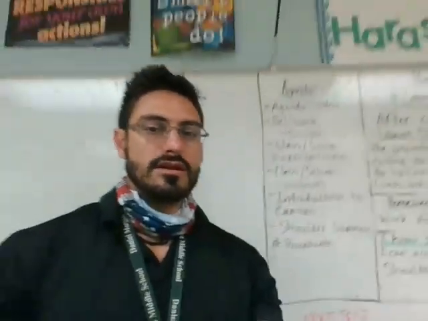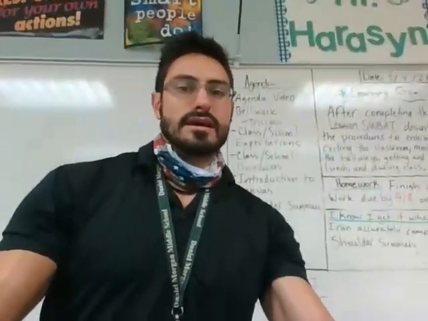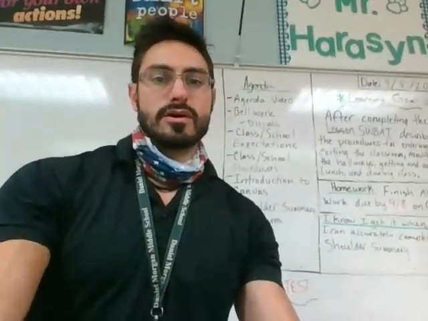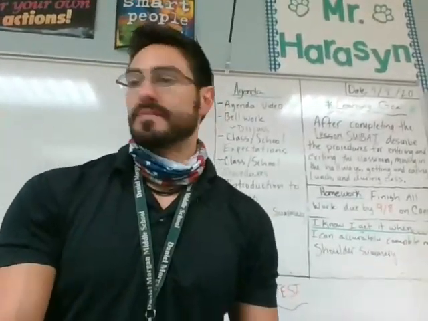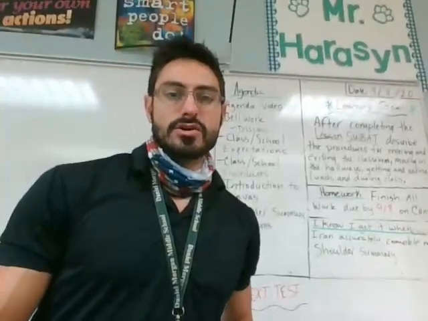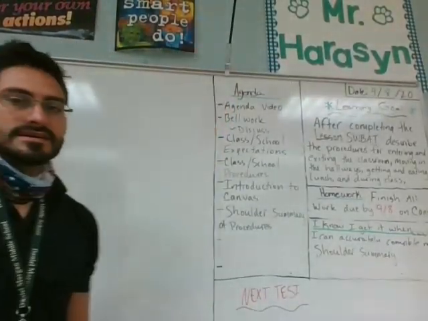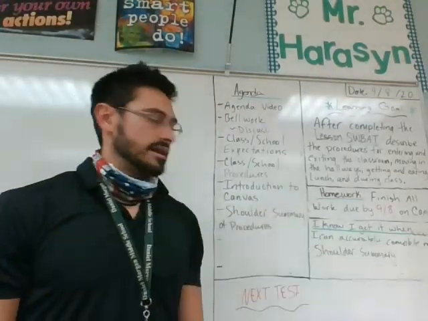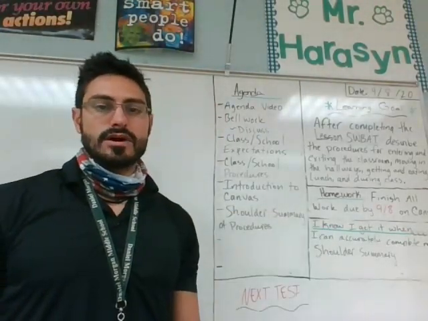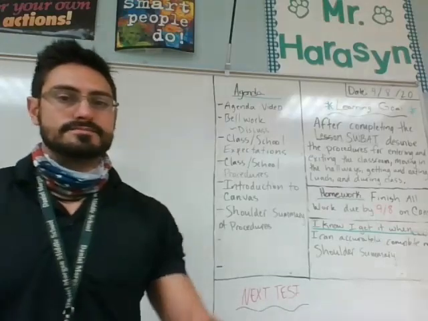And then on the other side of the board, over here, is a description for you of what we're going to be doing during the day. That will include the agenda, the date, the homework, and a measure by which you'll know if you get it. So let me walk you through those pieces right now.